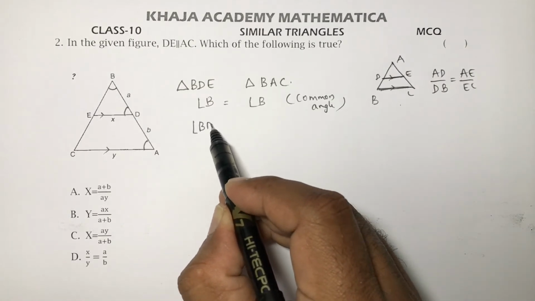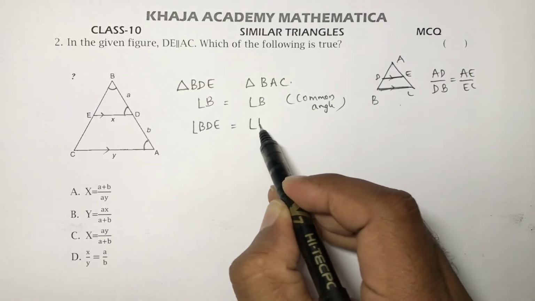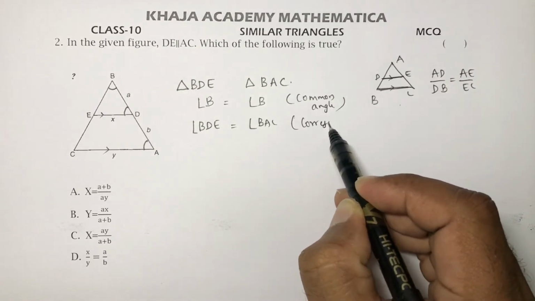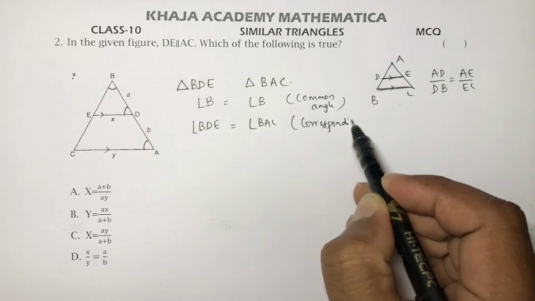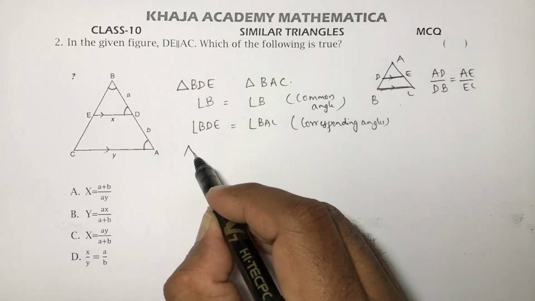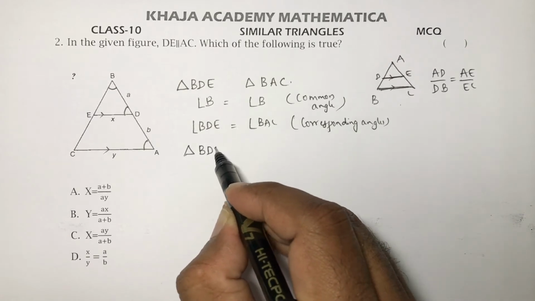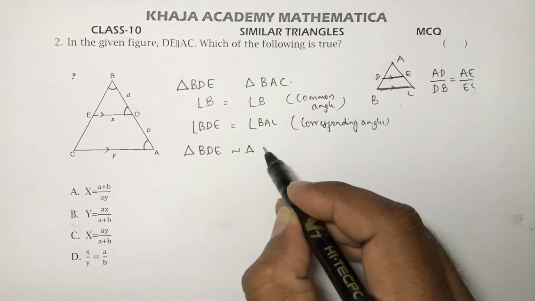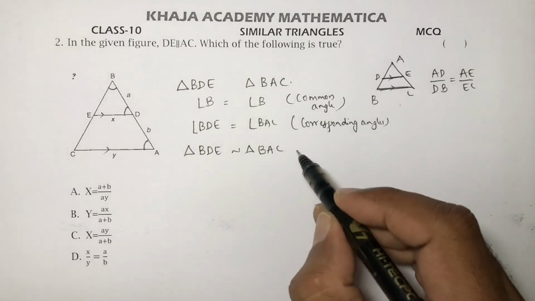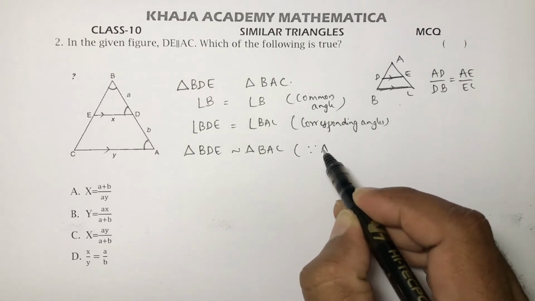Angle BDE equals angle BAC. Reason is corresponding angles. Now see, two triangles are similar. Triangle BDE is similar to triangle BAC, and the reason is AA corollary.